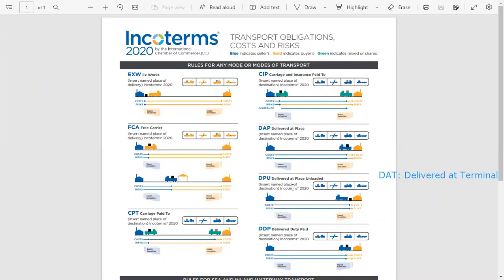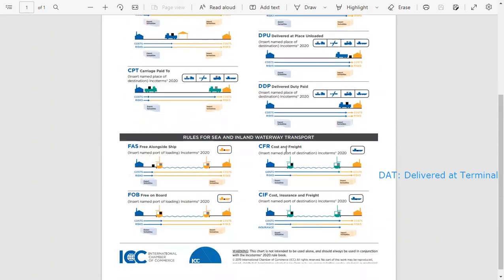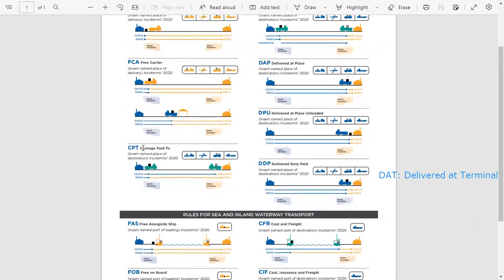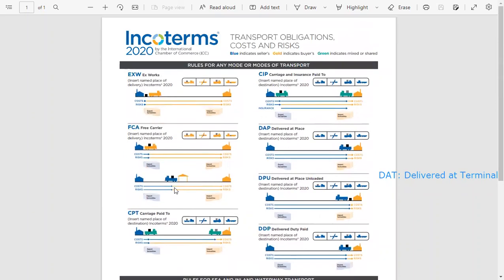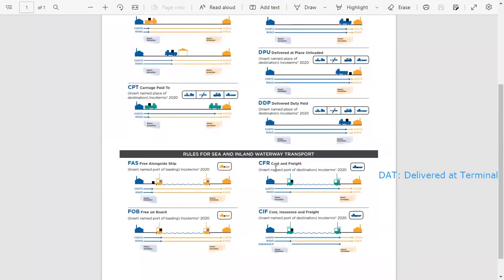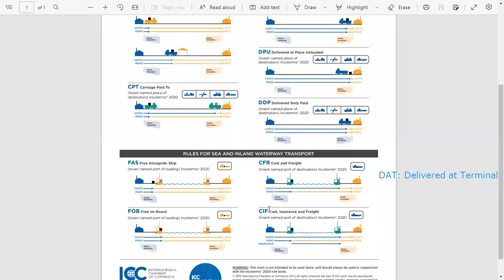C group always starts with carriage or cost. C stands for carriage paid to, carriage and insurance paid to. Sorry, actually in C group there are two kinds. First is carriage and second is cost: CFR, which is cost and freight, and CIF is cost, insurance, and freight.